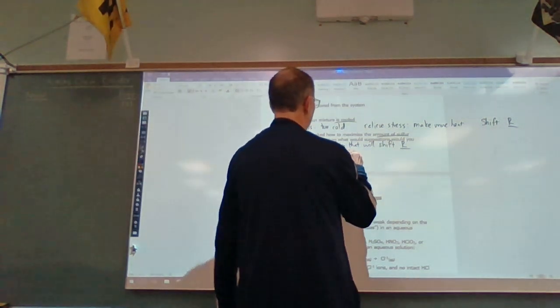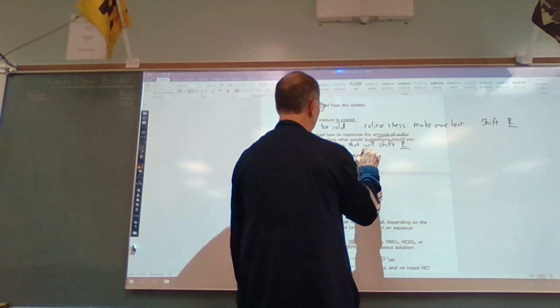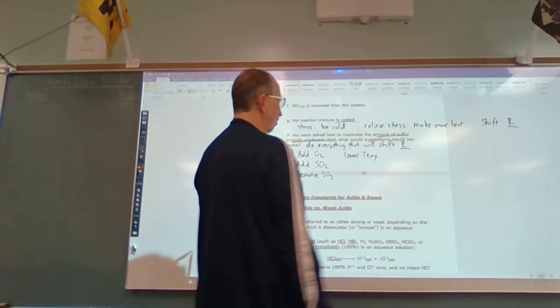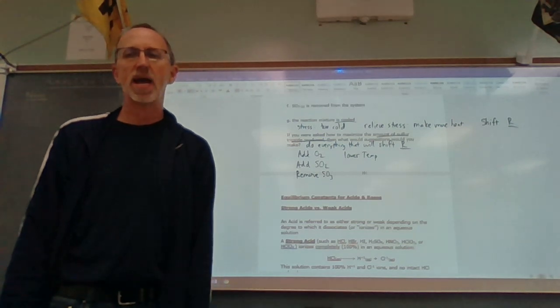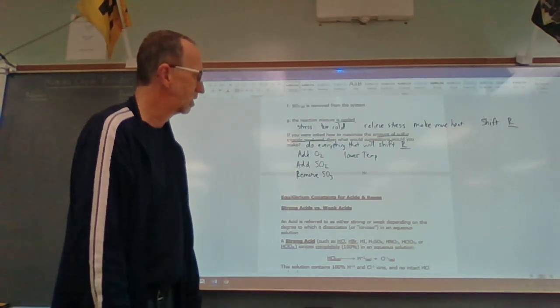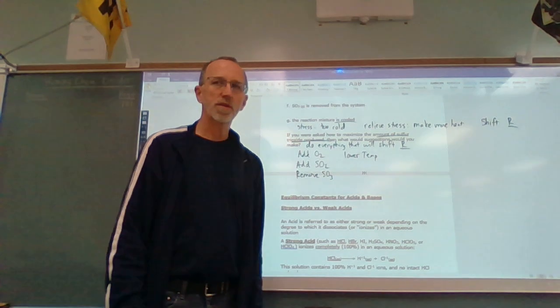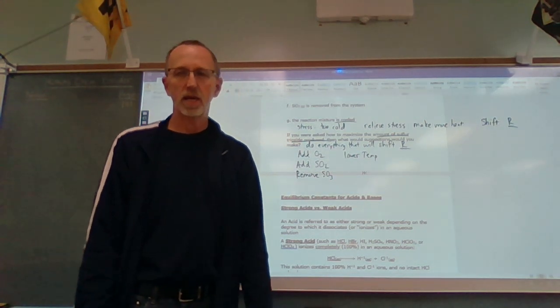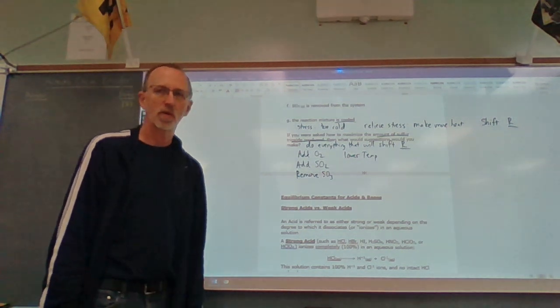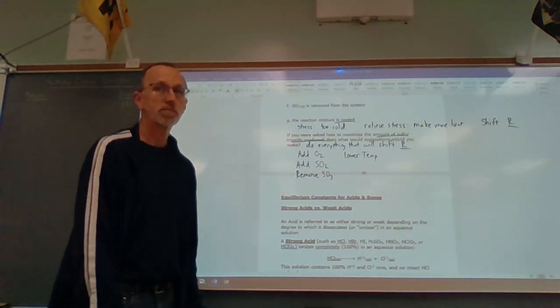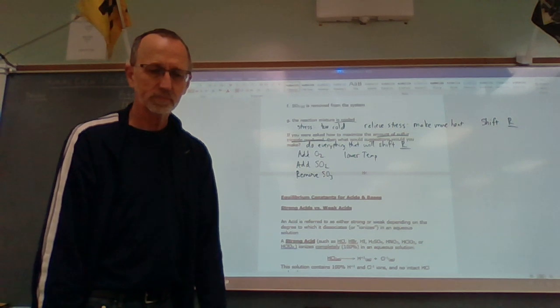This one right here, we could lower the temp. The reaction's too cold since it's exothermic. Now, if it was an endothermic reaction, it'd be the opposite. But since this is exothermic, if we lower the temp and stress the reaction in such a way that it's too cold, it's going to shift to the right in order to make more heat, okay? Which is what we want, shift right.